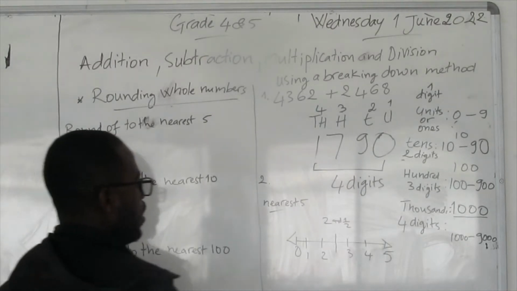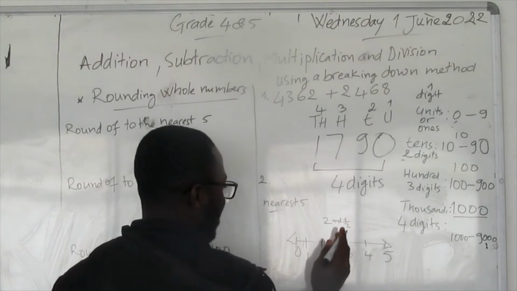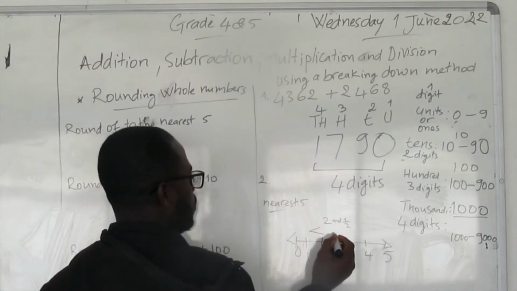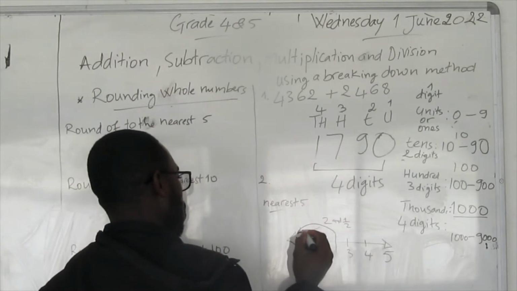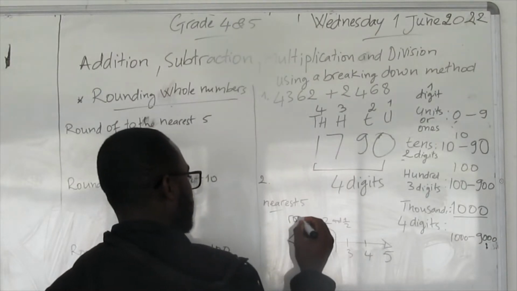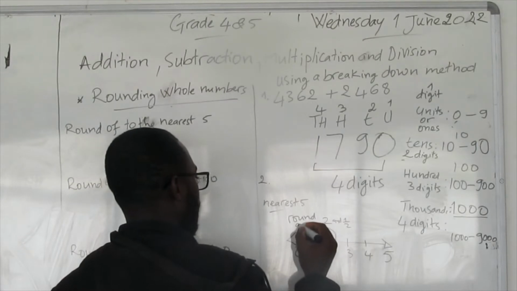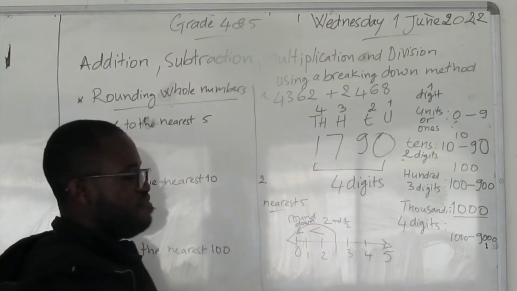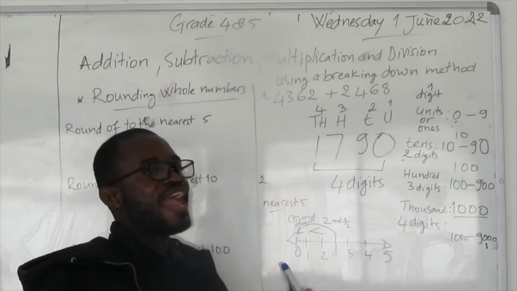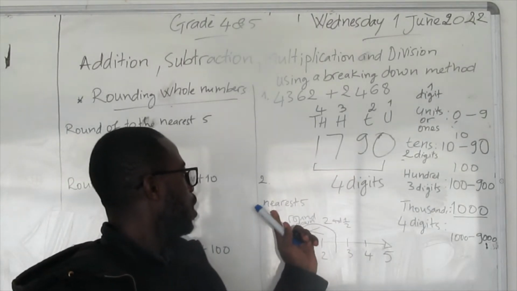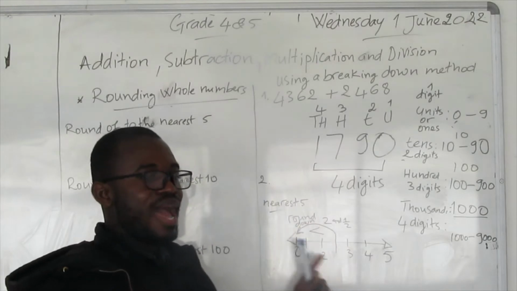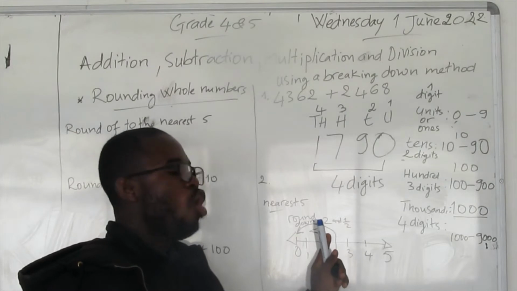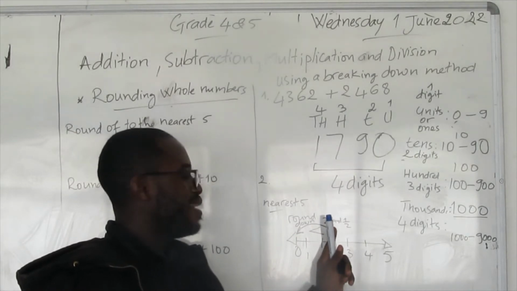Now, if our digit is less than the middle, we do what? We round down. We round down to the previous 5 because it's rounding to the nearest 5. You understand? We round down if our number is below 2 and a half.